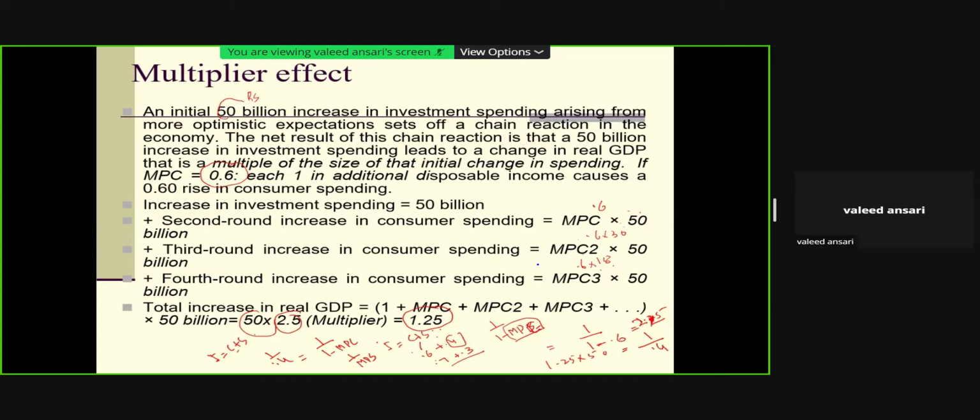But without going into that debate, there is unanimity that government expenditure or investment creates a chain effect. Because of that, the final increase in total demand in the economy, the increase in GDP, will be higher than the initial amount. There is no disagreement to that effect.